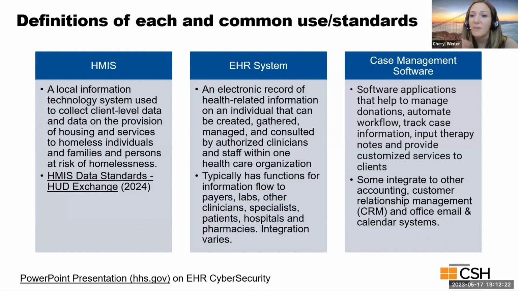It typically has functions to let information flow between the agency and those that are paying for services, so it's funders, any labs, clinicians, hospitals, specialists. It could have features where you can share information back and forth with patients as well.